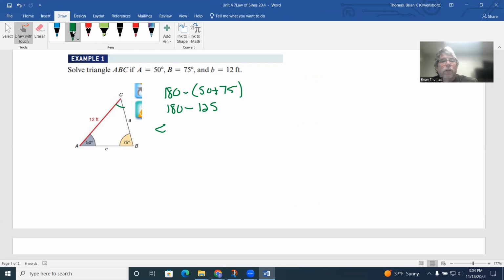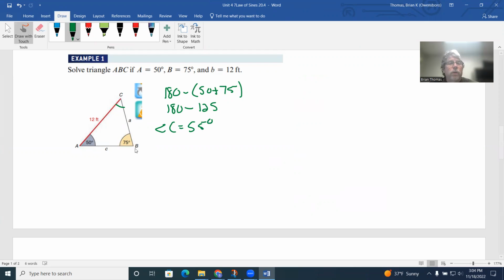So angle C is going to equal 55 degrees. So we actually know all three angles right now. And we know side B at this point. So what's missing is side C and side A. Those are unknown.